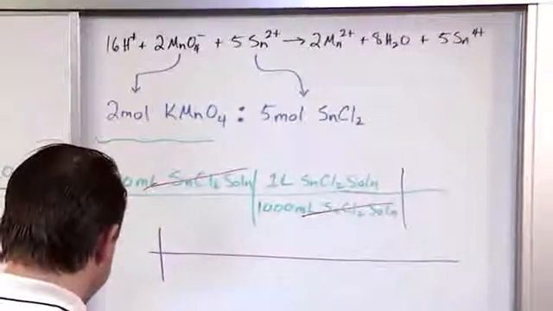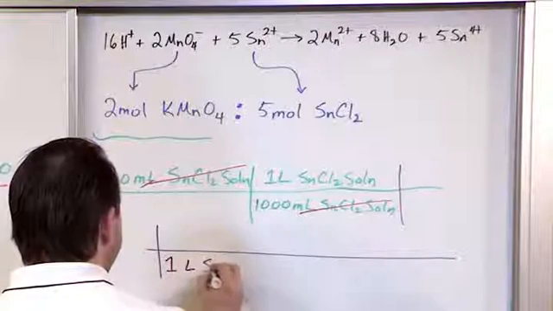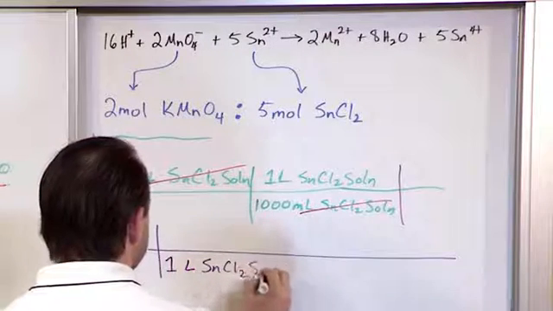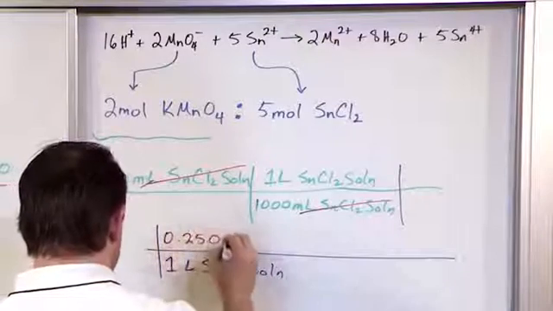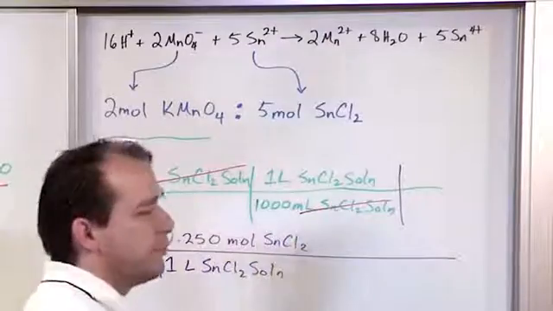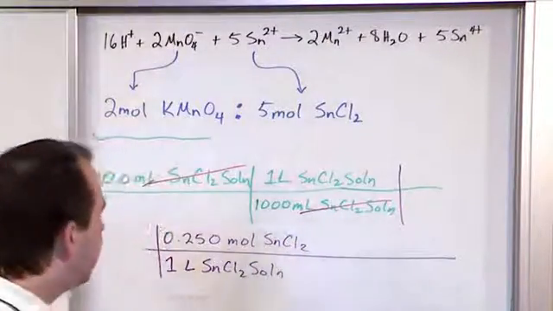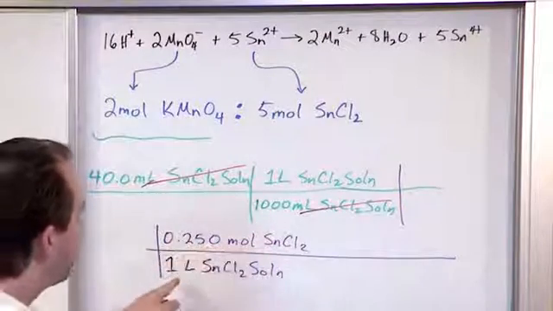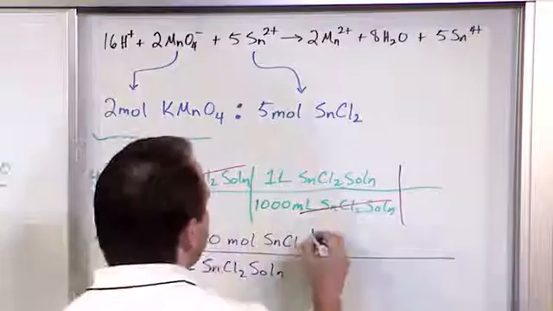Now we know from the tin chloride that for 1 liter of SnCl2 solution, it's 0.250 moles of tin chloride. That's what moles per liter is. When you have a molar concentration, it's that many moles per liter. So here I know I have 0.25 moles of this stuff for every liter of this solution. That's what the molar concentration is given to us in that problem.